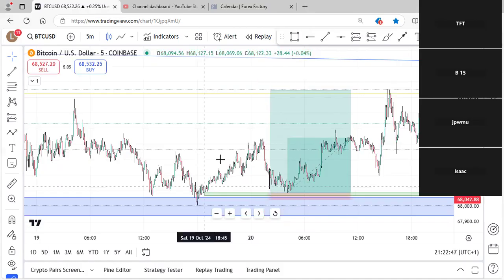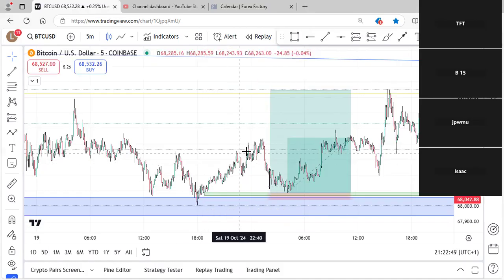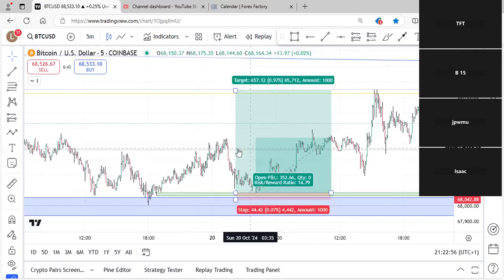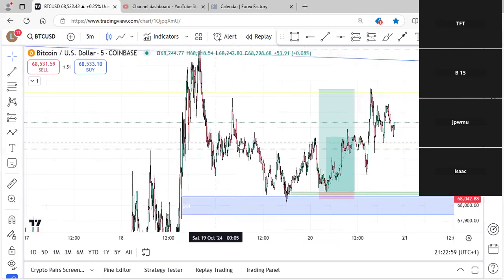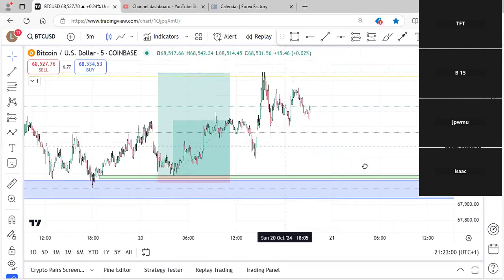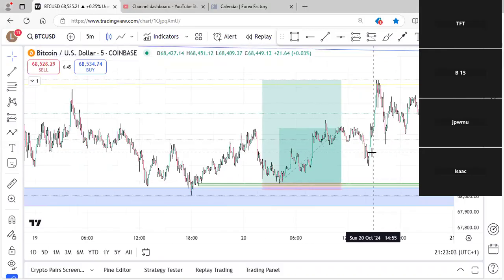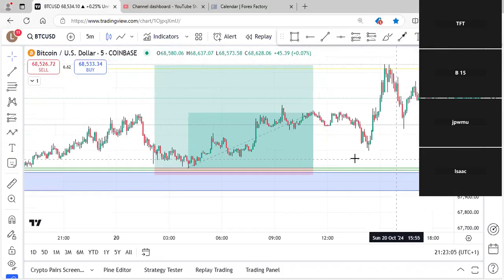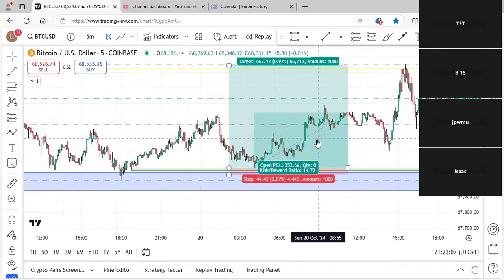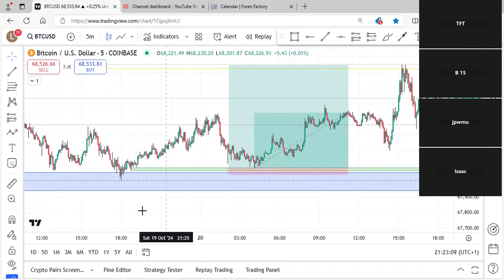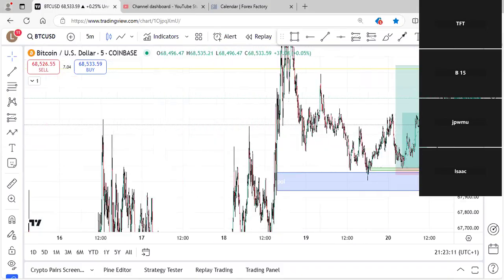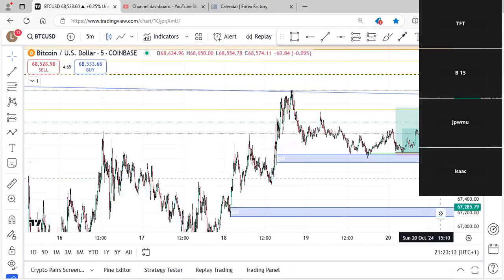It was late last night that it broke, so I was trying to keep my eye on it a little bit, but I've been at work all weekend, so took my eye off the ball. It works on every chart. I've not seen one that it hasn't worked on. Obviously, I've not looked at them all, but you know.